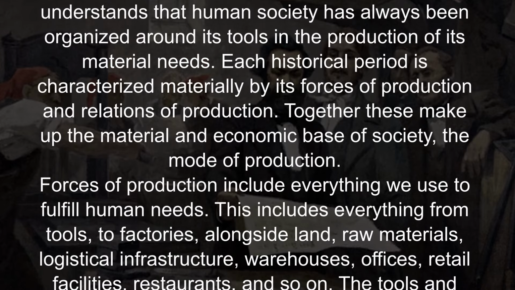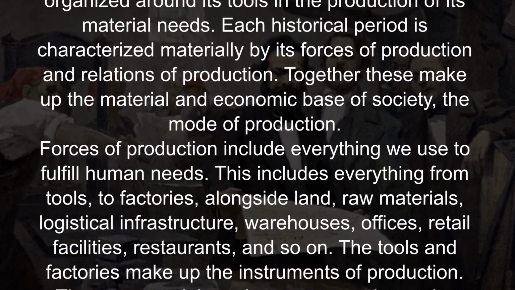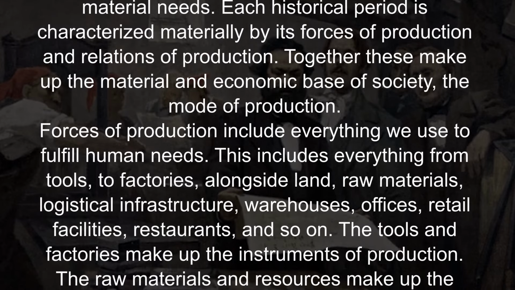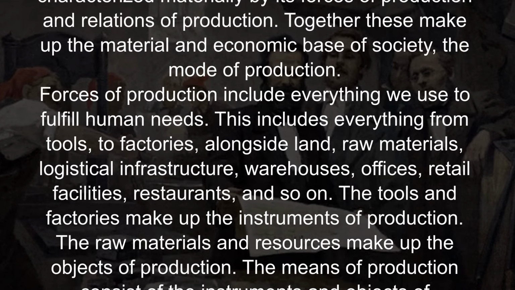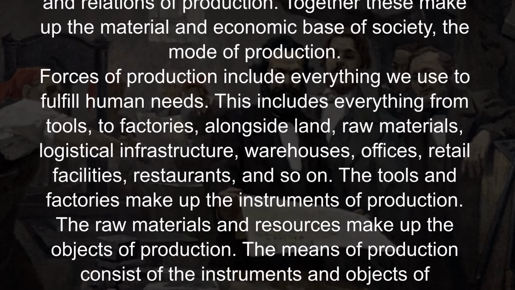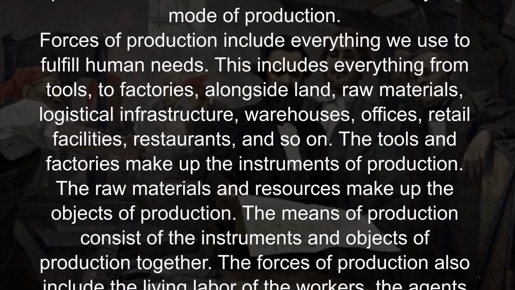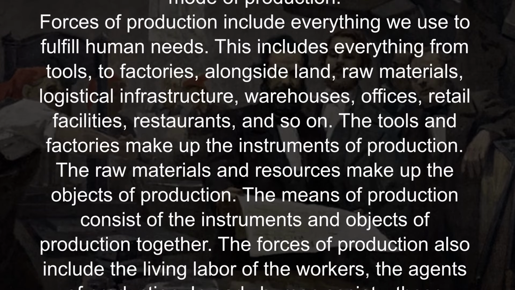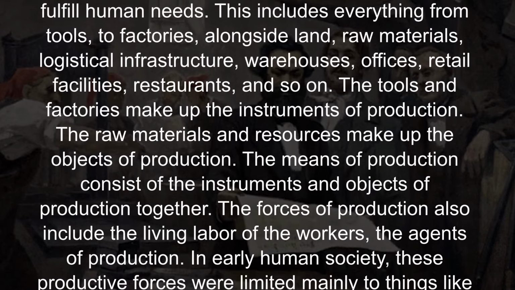Forces of production include everything we use to fulfill human needs. This includes everything from tools to factories, alongside land, raw materials, logistical infrastructure, warehouses, offices, retail facilities, restaurants, and so on. The tools and factories make up the instruments of production. The raw materials and resources make up the objects of production.